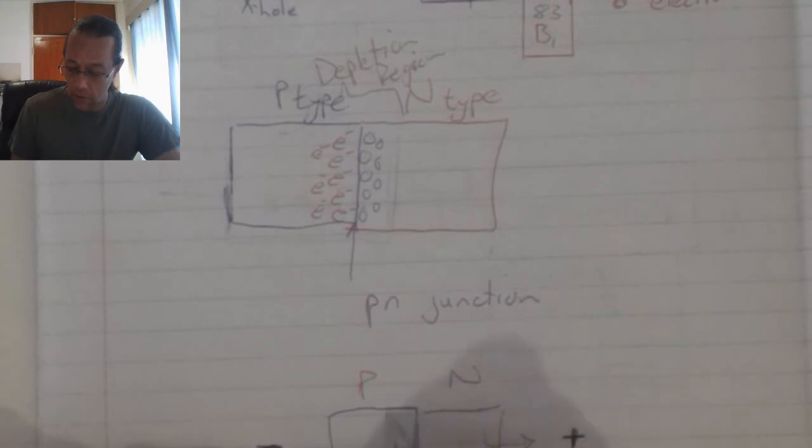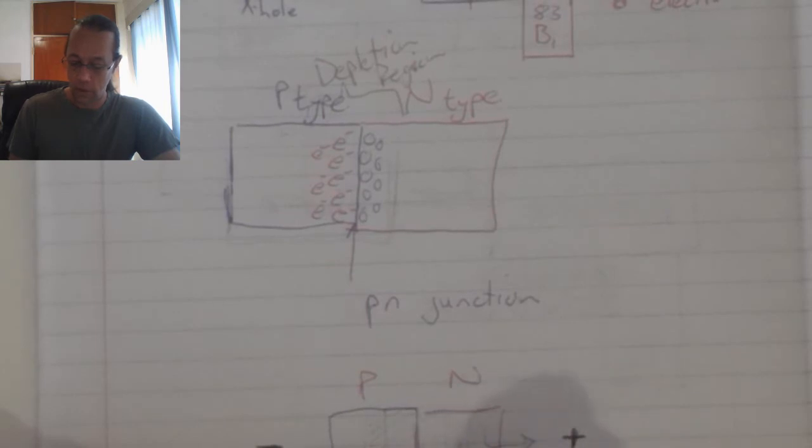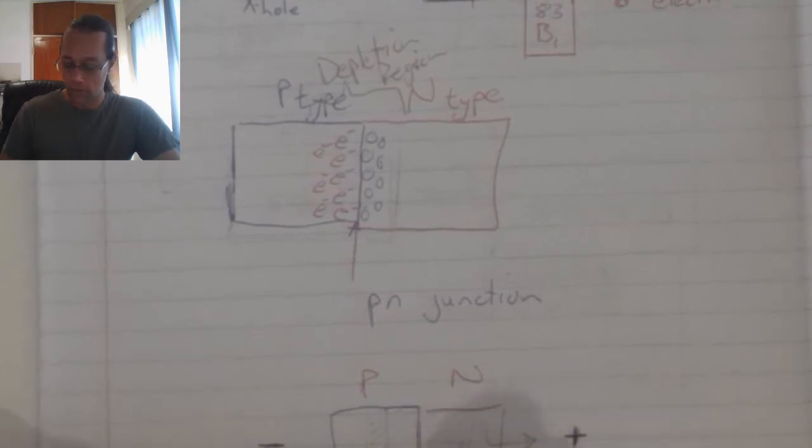As a result, the depletion region that did exist will start to increase depending on the size of that supply voltage. So we find when we connect N-type material on the positive and the P-type material on the negative, that the depletion region will increase.